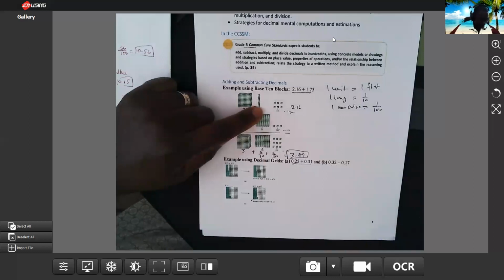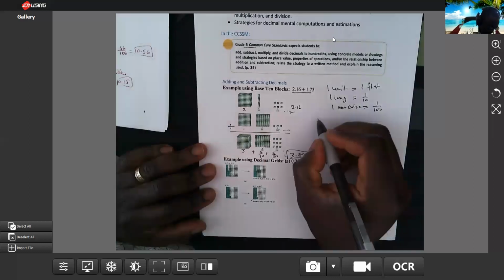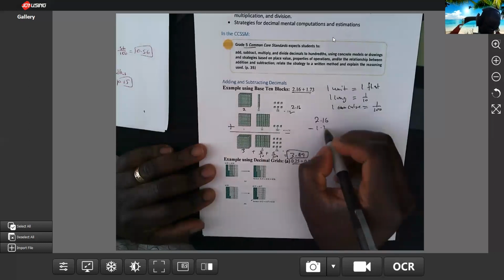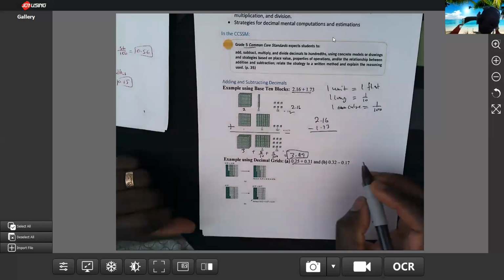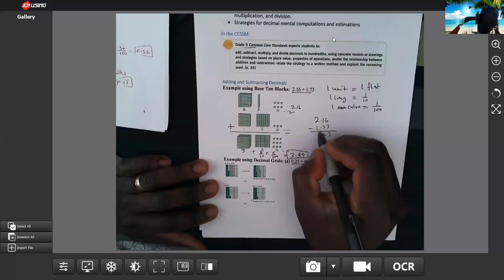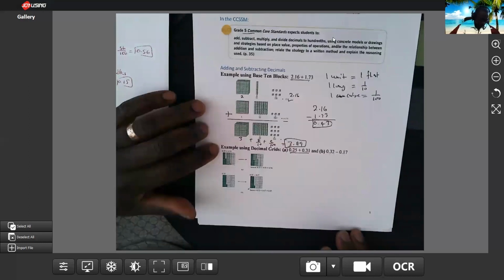Then you can subtract 7 from that, and that would be 4. So 2.16 minus 1.73, using the representations, this will be 0, that will be 4, and that will be 3. If you subtract these two, you get 0.43.